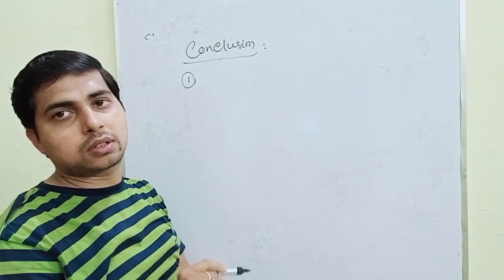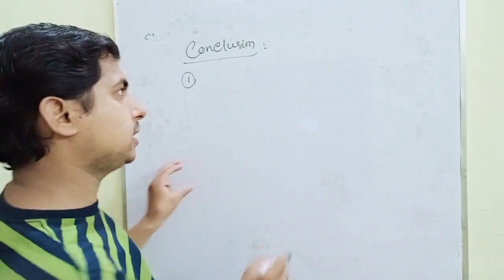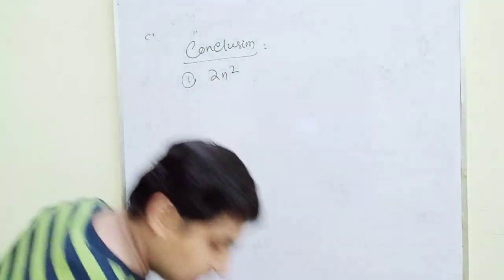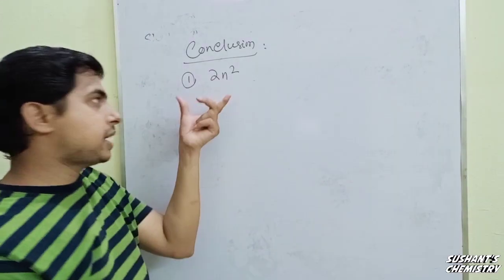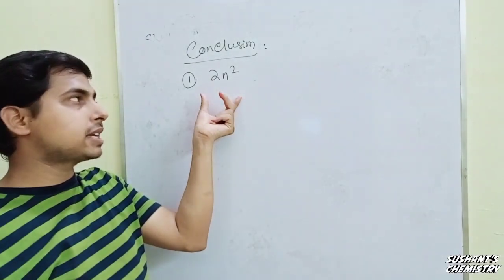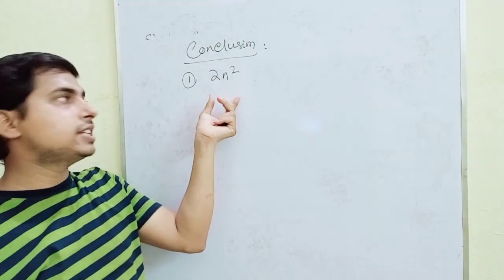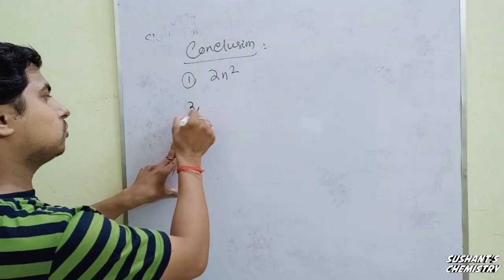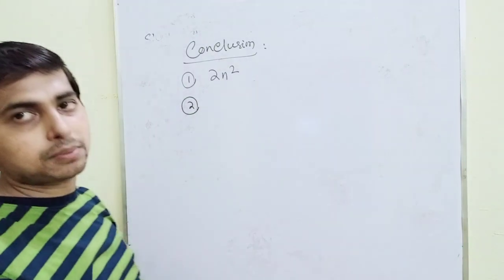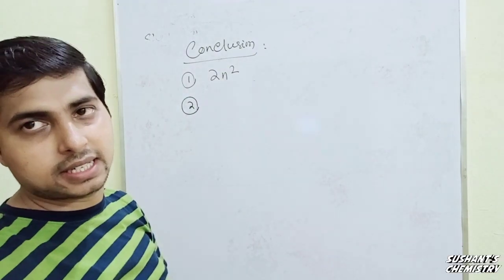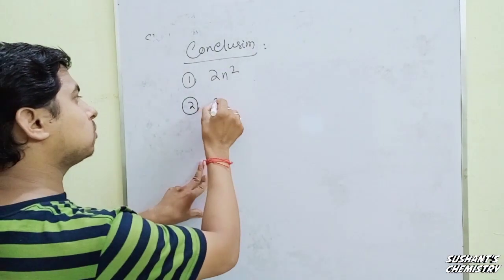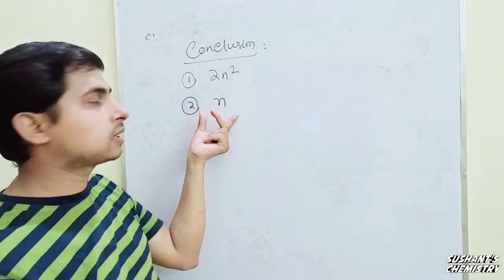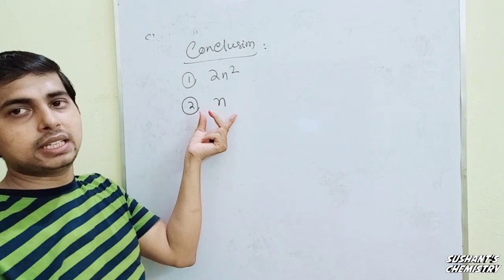Maximum number of electrons in a main cell equals 2n square. N is called the principal quantum number. Number 2. Maximum number of subcells in a main cell equals n value.